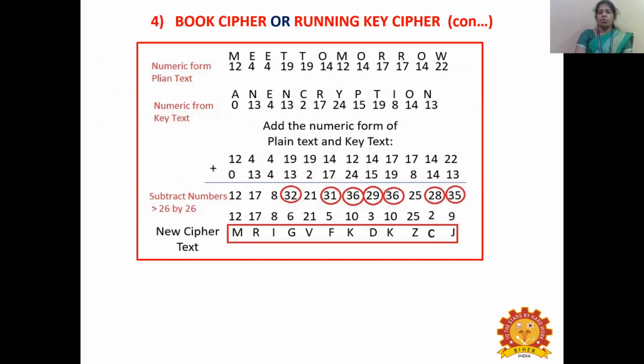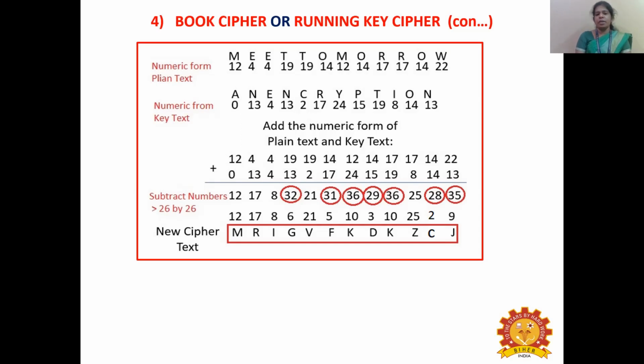So meet tomorrow: MEET, TOMO, RROW. M is the 12th letter, E is 4. So A is 0, B 1, C 2, D 3, E 4. Like that we give numeric forms for the plain text. Then for the key, A 0, N 13, E 4.